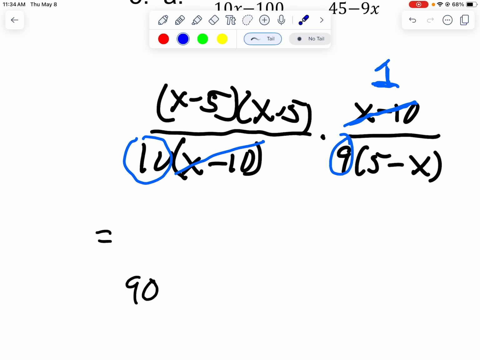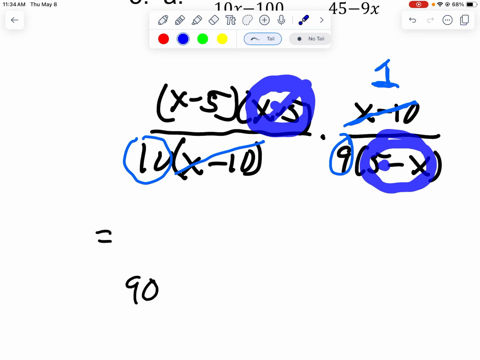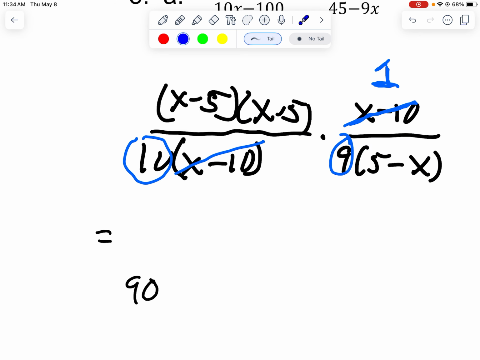And so when you switch the order of subtraction, instead of x being positive and 5 being subtracted, 5's being positive and x is being subtracted. When that happens and you divide them, they don't divide out to 1. They divide out to negative 1. So that's a warning. That does divide out, but that introduces a negative 1.